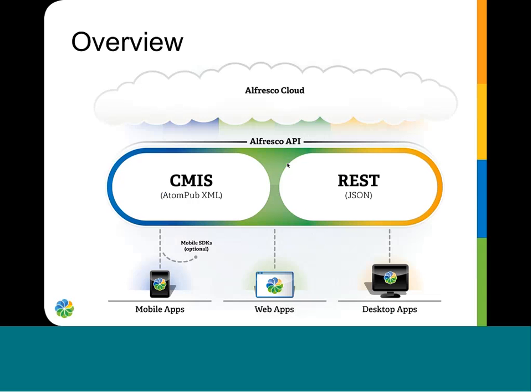This is an out-of-process API, and that's obviously of relevance to the cloud in particular. In the cloud, it's not possible for third-party developers to inject their own logic, their own Java code or JavaScript or FreeMarker into the Alfresco cloud, and therefore we need to come up with a more robust and comprehensive API set that could be accessed in the cloud.